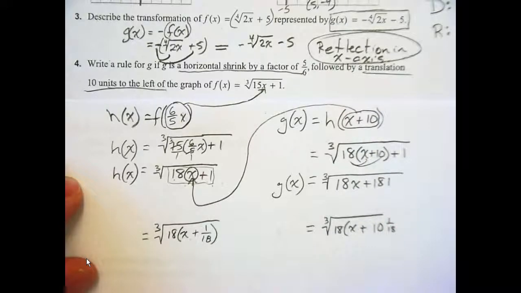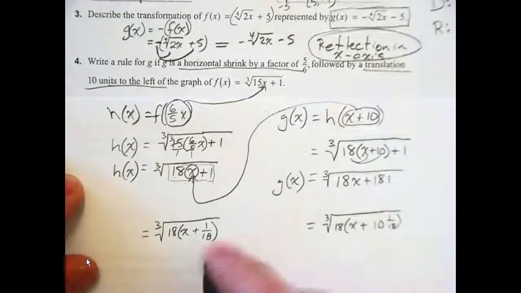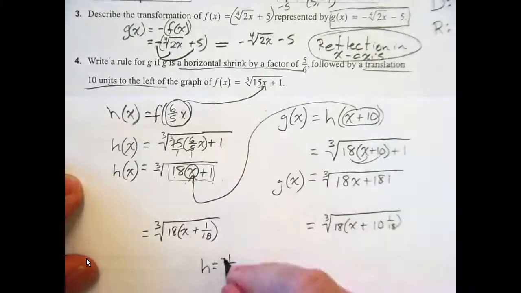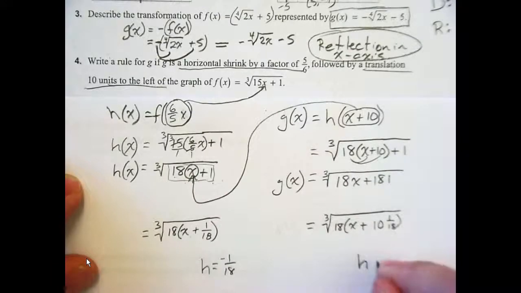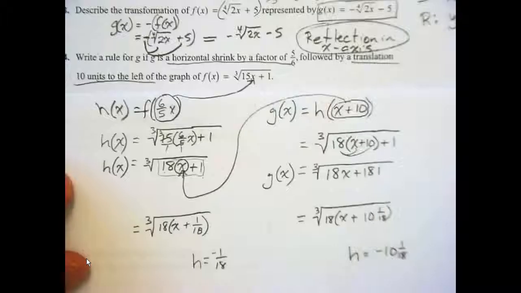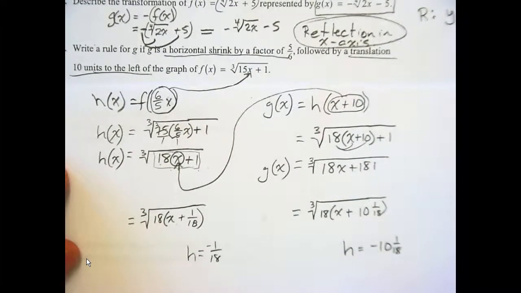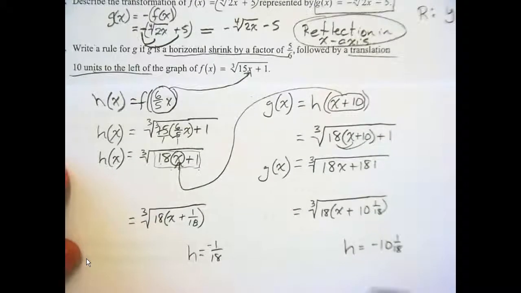Now, when I say h here, it's actually negative 1/18th, right? And then I say h here is negative 10 and 1/18th. Is that a translation 10 units to the left? Yes. It's easier to see it after you've done that.